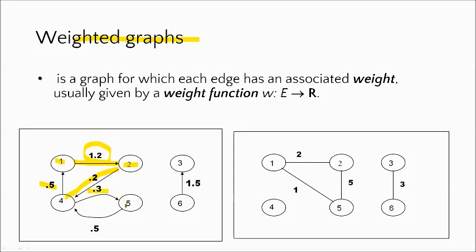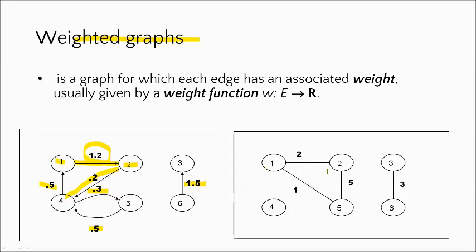From vertex 5 into vertex 4, I have a weight of 0.5. And then from vertex 6 to vertex 3, I have a weight of 1.5. Just follow the direction of the arc if you're going to read the vertices. Same here, weighted graphs are possible with both directed and undirected graphs.